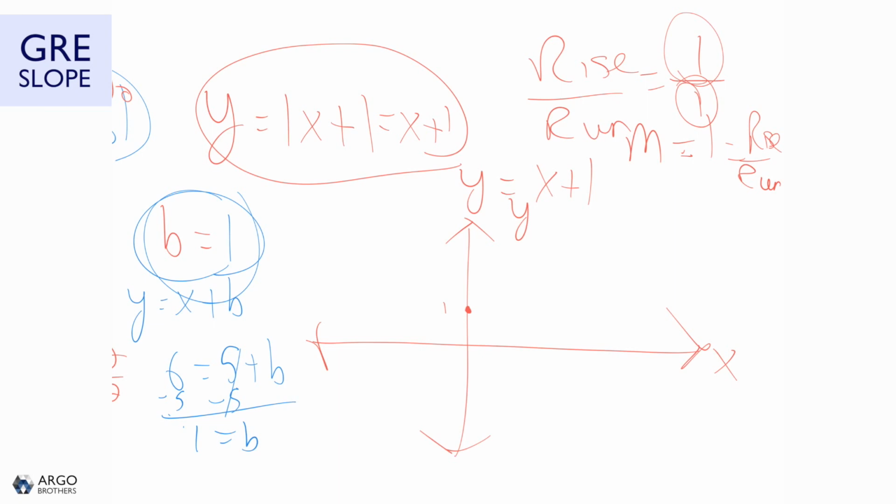And we keep on using that rule. So up 1 and then to the right 1, and that's our new point. Up 1 and to the right 1, that's our new point. And we can go down to continue the line. Down 1 and to the left 1, down 1 and to the left 1.